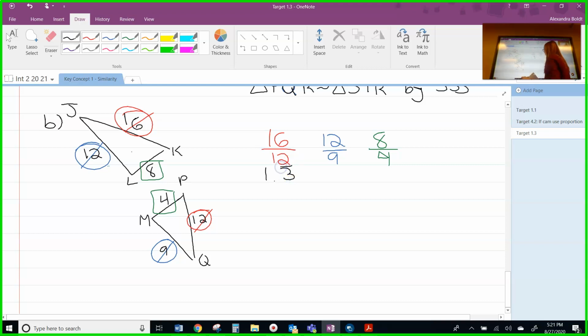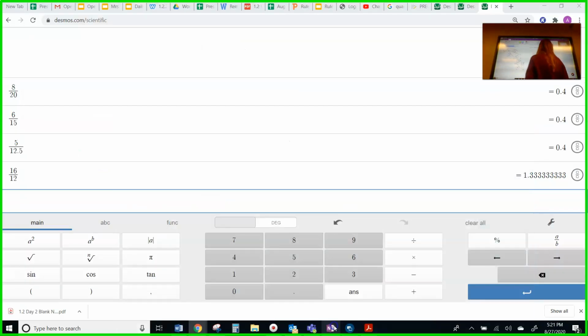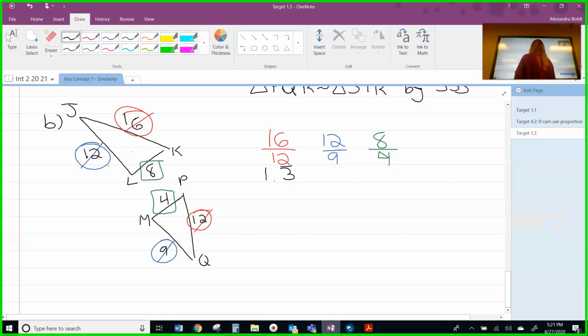Remember, you can put a bar over it to show that it's repeating forever. 12 divided by 9 is also 1.3 repeated. Okay. I don't even think we need a calculator for 8 divided by 4 is 2.